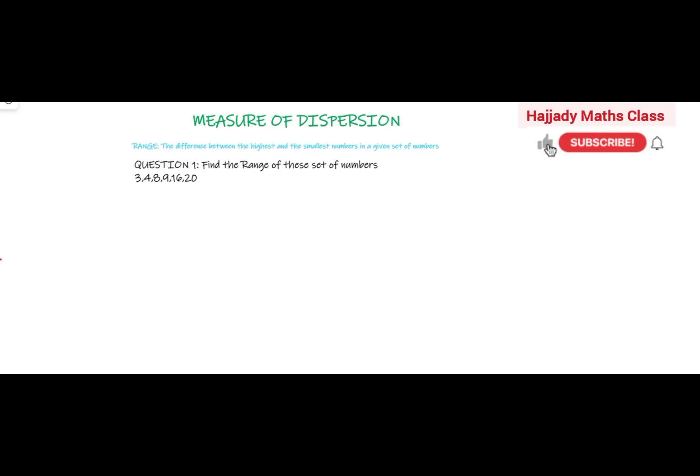Range is the highest number minus the smallest number. From this observation, our highest is 20, while our smallest is 3. So this is going to be 20 minus 3, which is 17.